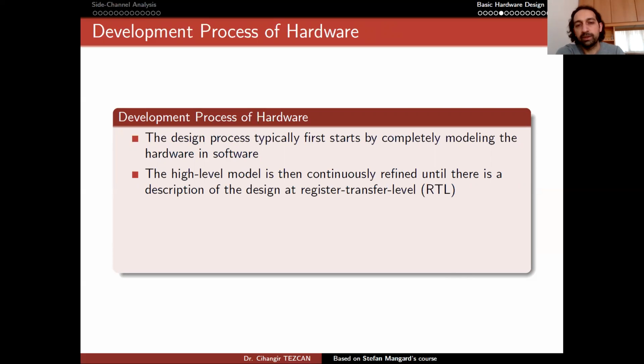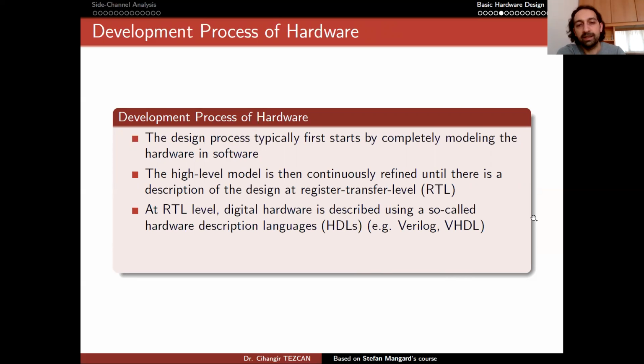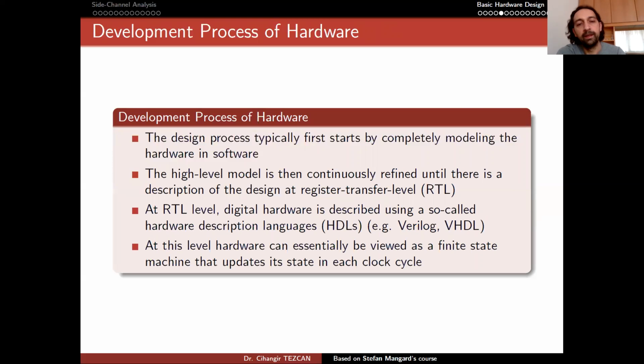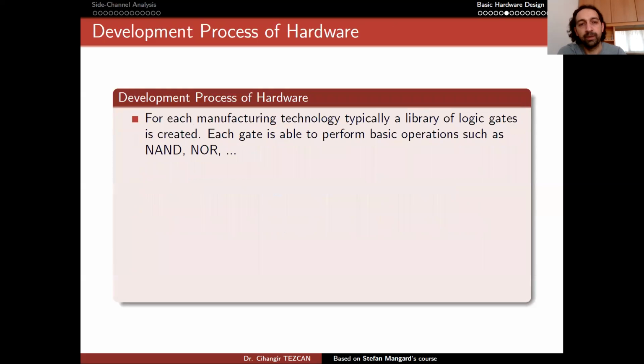The high-level model is then continuously refined until there is a description of the design at register transfer level, shortened as RTL. At RTL level, digital hardware is described using so-called hardware description languages, HDLs, for example, Verilog and VHDL, and so on. At this level, hardware can essentially be viewed as a finite state machine that updates its state in each clock cycle.